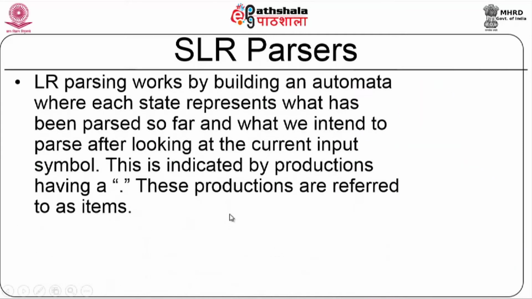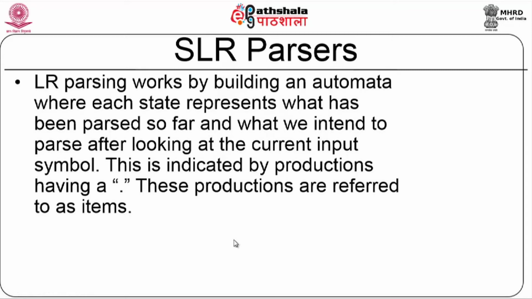Now, LR parsing works by building an automaton where each state represents what has been parsed so far and what we intend to parse after looking at the current input symbol. This is typically indicated by the productions having a dot. These productions are referred to as items. So, we said LR of 0 items is what is to be constructed by the SLR parsers.